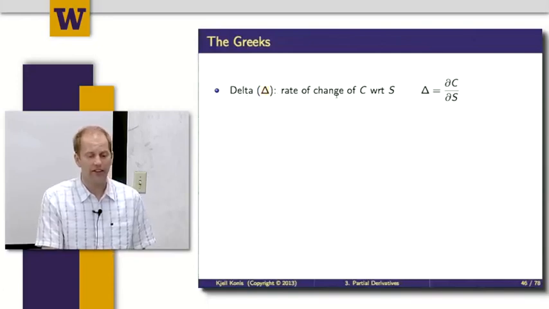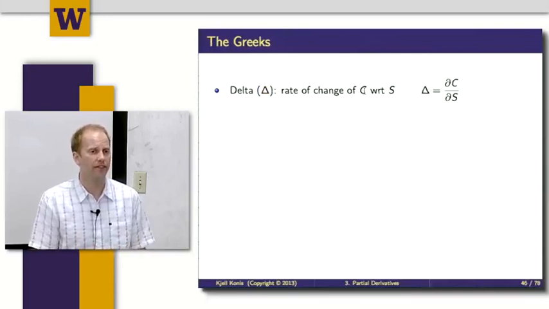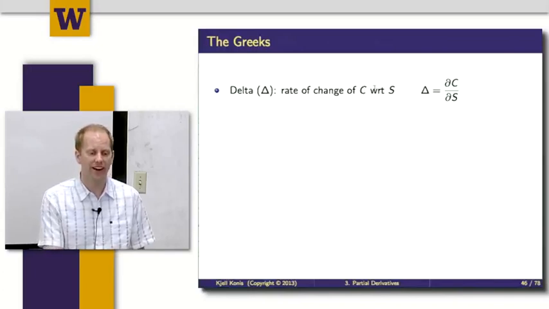So the rate of change of C, so it's the rate of change in general of the value of the portfolio. But since for today's lecture I'm considering my portfolio just to be a single call option, I'm going to just say C is the value of my portfolio.